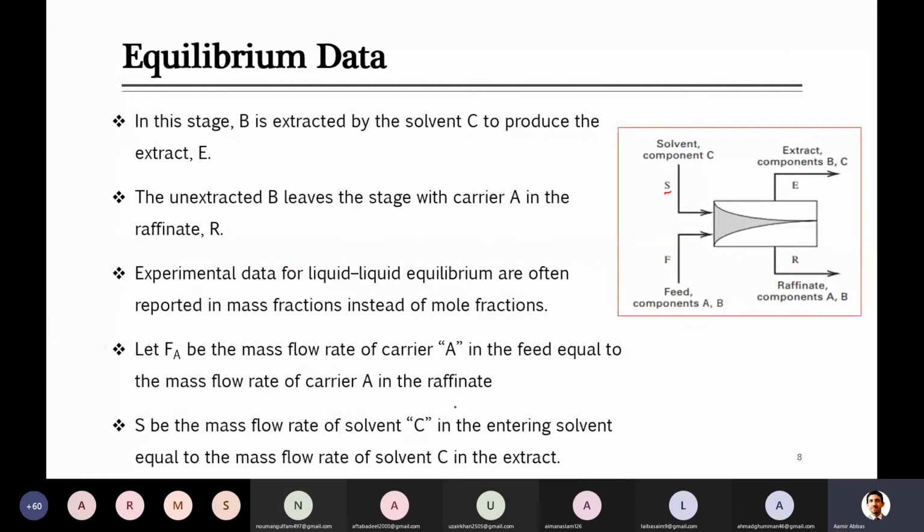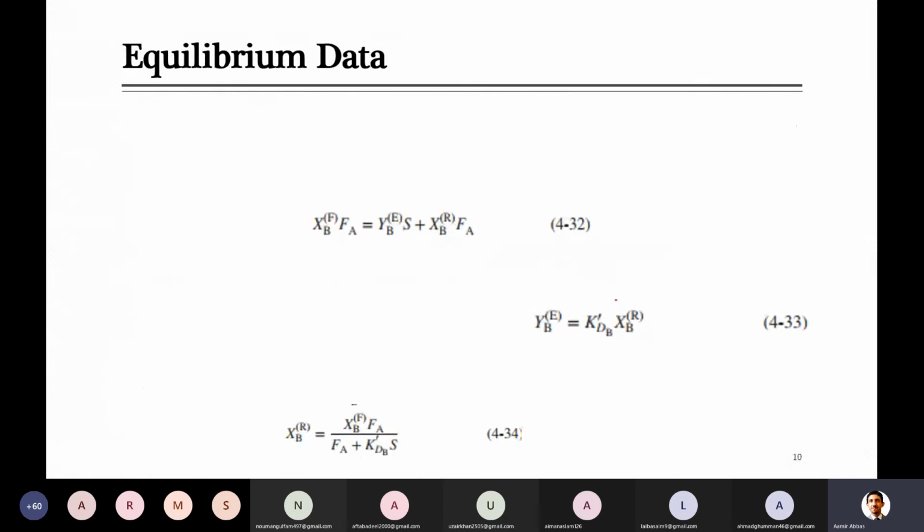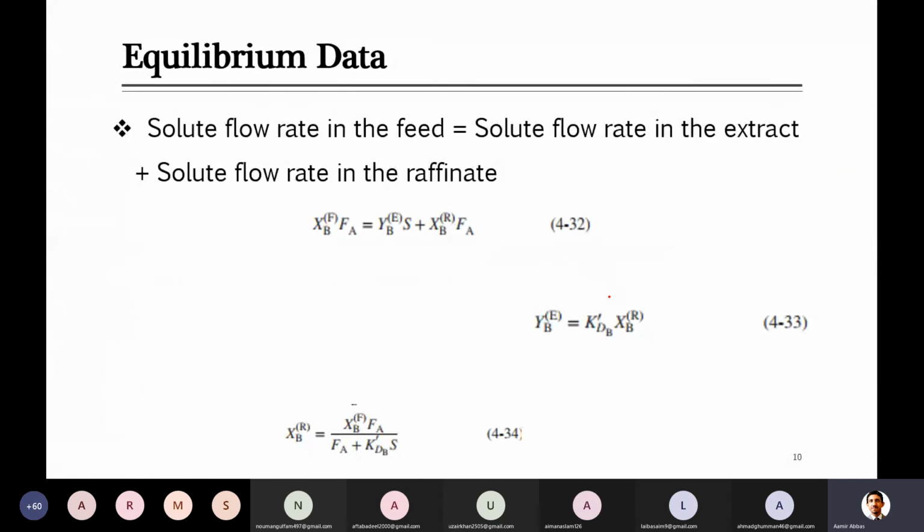So on the inlet you have only one term, and on the outlet you have two terms. Looking at that equation, it is solute flow rate in the feed, because it is only at the inlet, equal to solute flow rate in extract plus solute flow rate in the raffinate phase. Let's write it in the terminology which we just discussed, and later we have to make some equation for K.